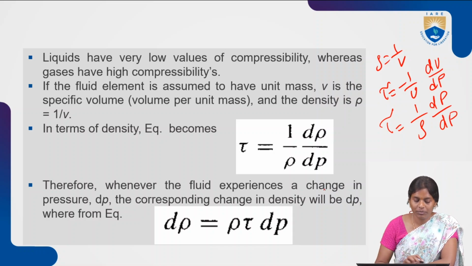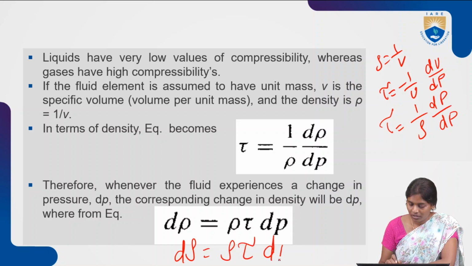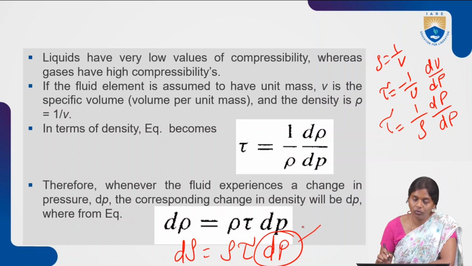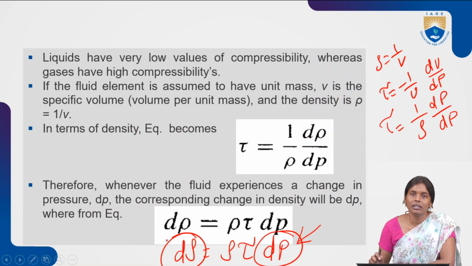Therefore, whenever a fluid experiences a change in the pressure, the corresponding density will also change. So the change in density equals rho into tau into change in the pressure.